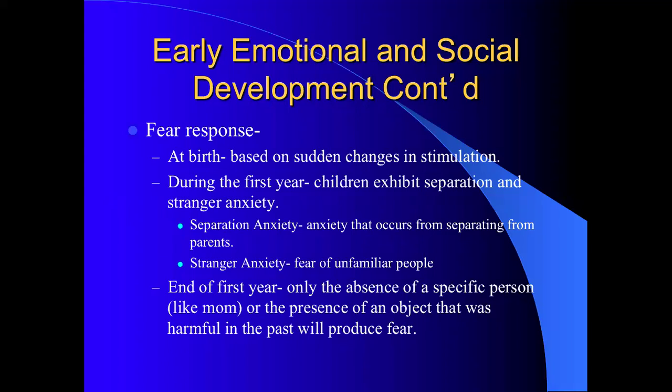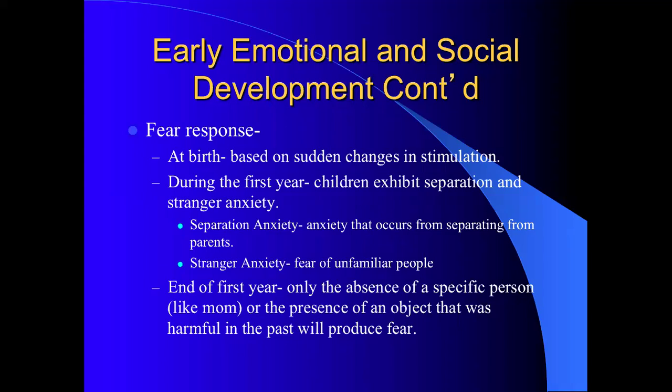We also have stranger anxiety. So, stranger anxiety is a recognition, as I said, we recognize who's familiar in our environment. We smile for those familiar people, but we also have an earlier version of stranger danger, right? When we don't know who the person is, it induces anxiety, it induces fear.